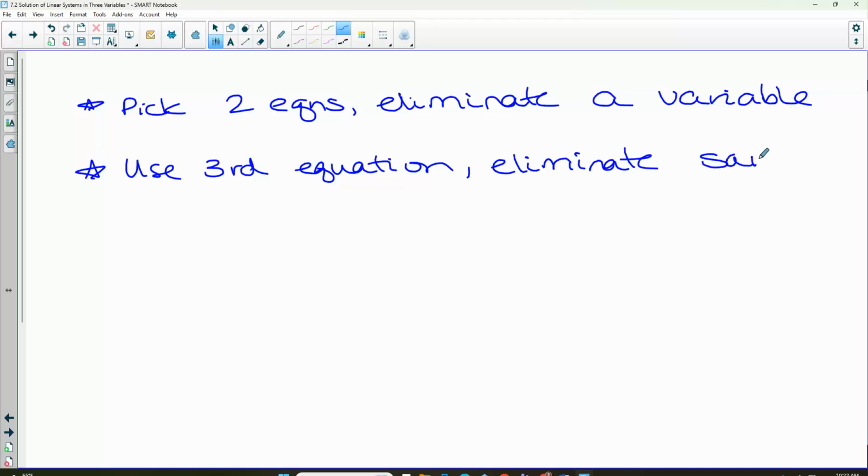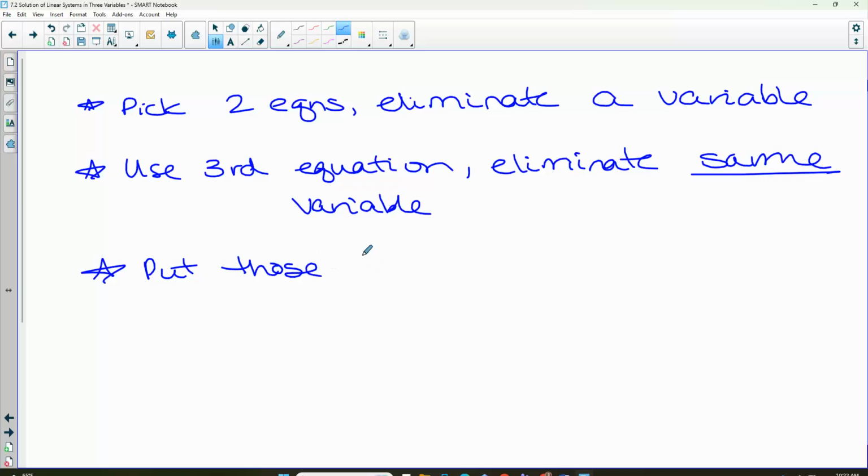Eliminate the same variable. And then we put those two answers together. So it is a series of elimination.